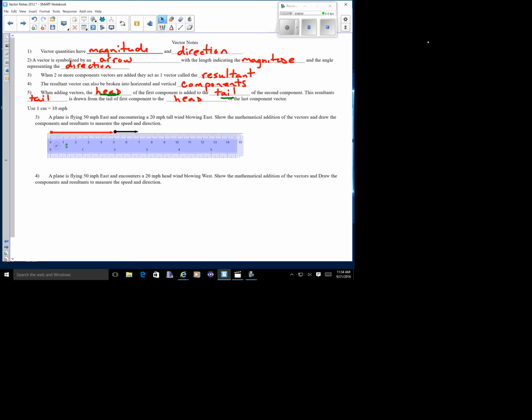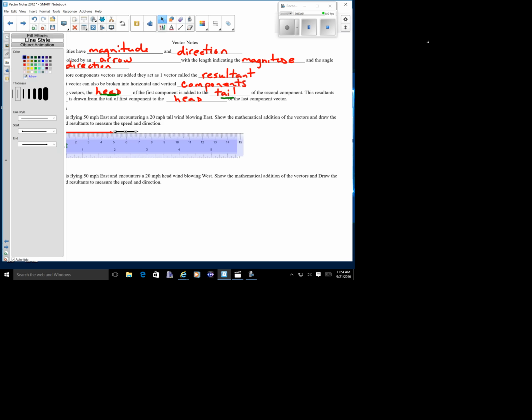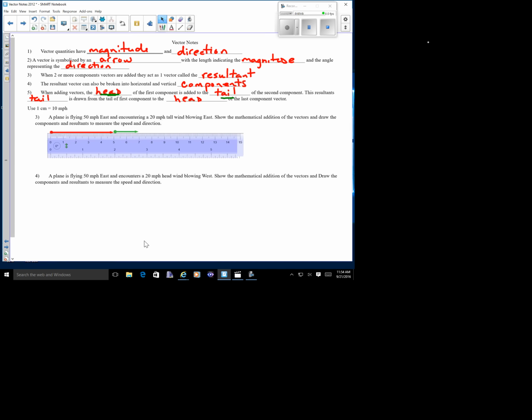So show the mathematical addition of vectors and draw the components and resultants to measure the speed. Well, you simply take the rule up here that says the resultant's tail is drawn from the tail of the first one. So I'm going to start right here and draw it to the head of the last one, which is over here. So I simply take my arrow.